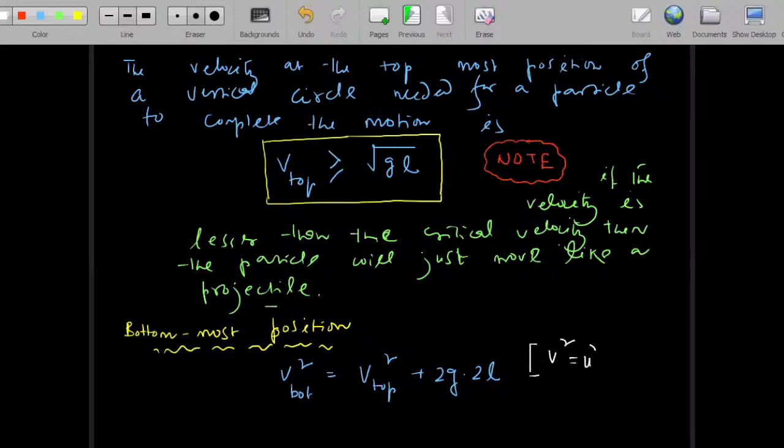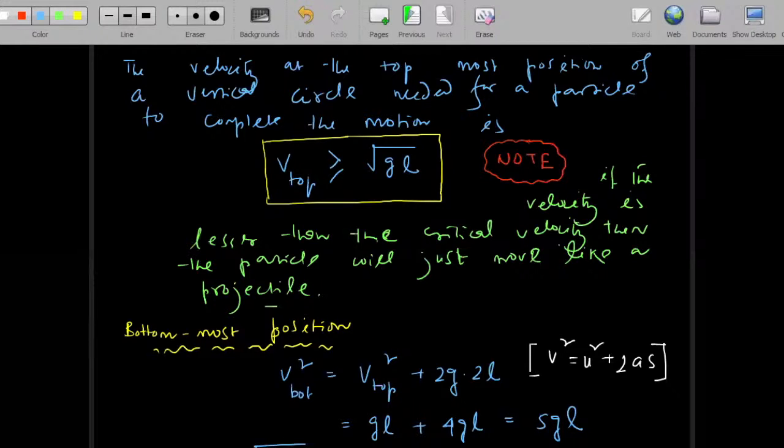V square equal to U square plus 2aS. This is the equation. Okay na? Fine. So V top square means gL, plus 4gL, so this comes to be 5gL.